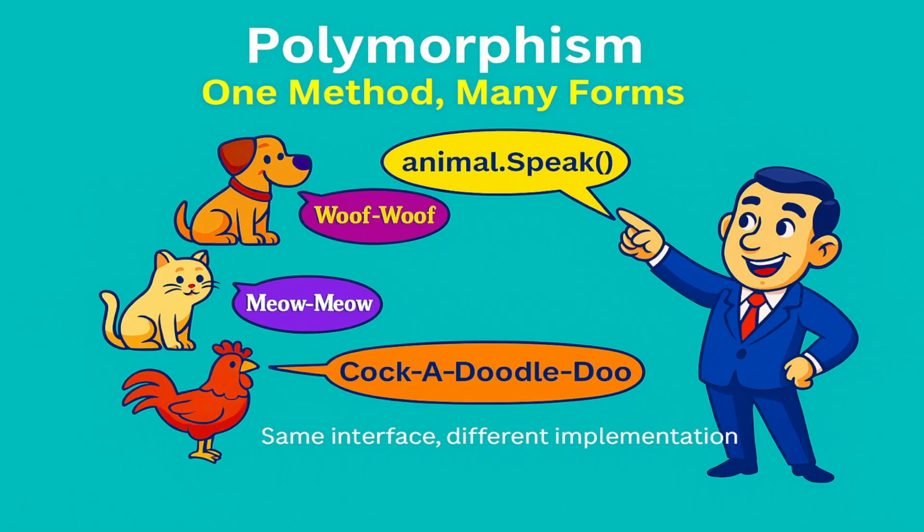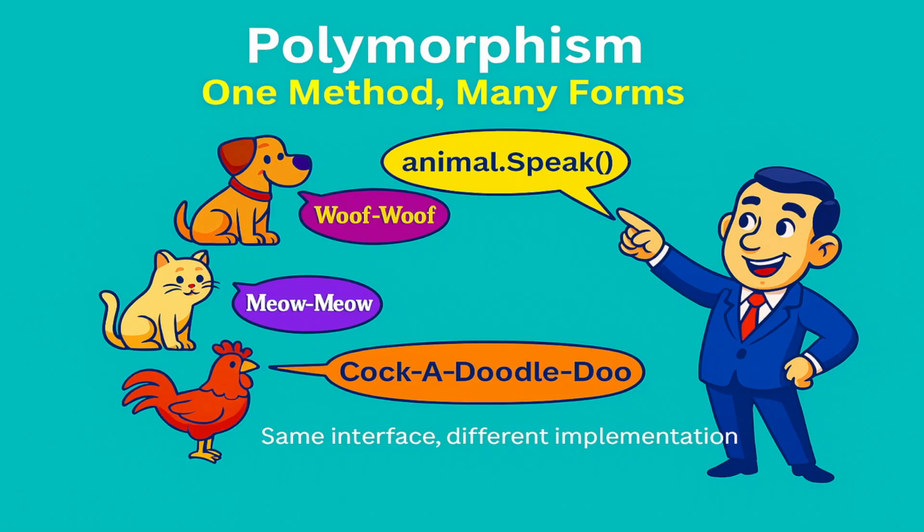The dog responds with woof woof, the cat responds with meow meow, and the rooster responds with cock-a-doodle-doo. Even though the same method speak is called on each animal, the output is different based on the actual object.